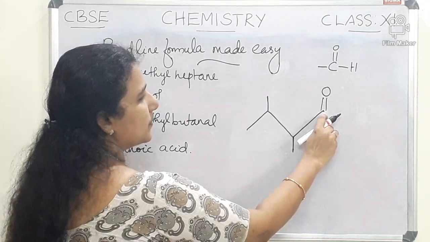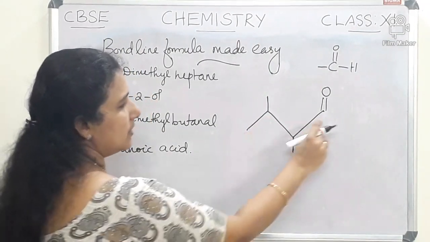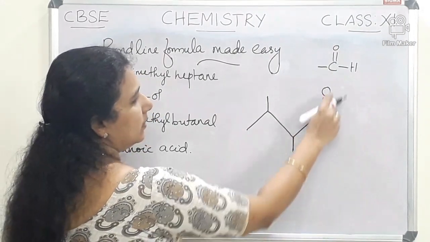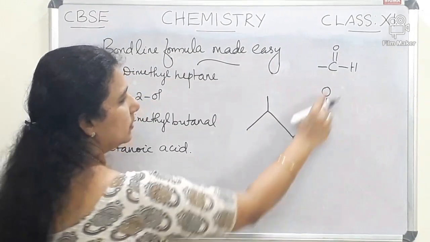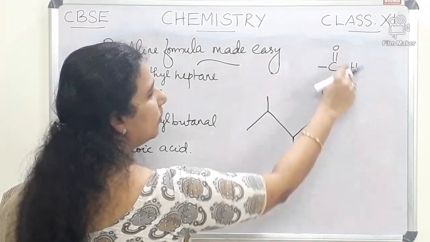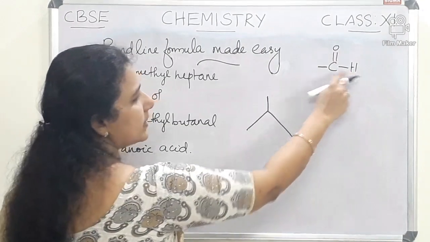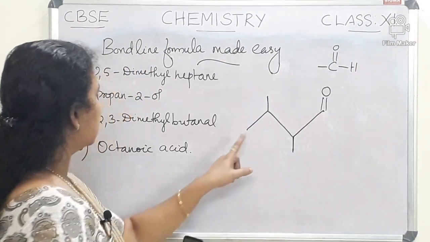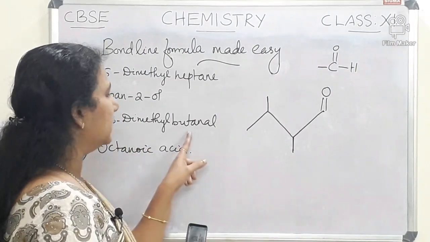So first, second, third, fourth position. The carbon atom in the functional group is the first carbon. The aldehyde group is like this, C double bond O H. So double bond O should be shown. Hydrogen is connected to carbon, so that should not be shown. So this is the bond-line formula of 2,3-dimethyl butanal.